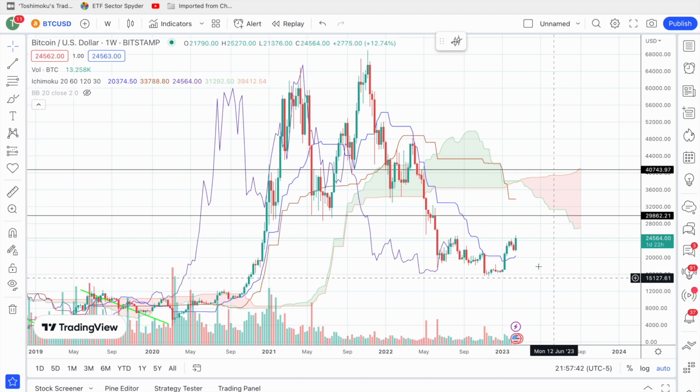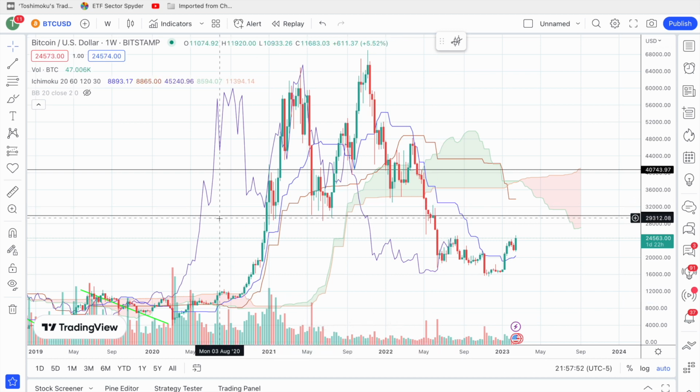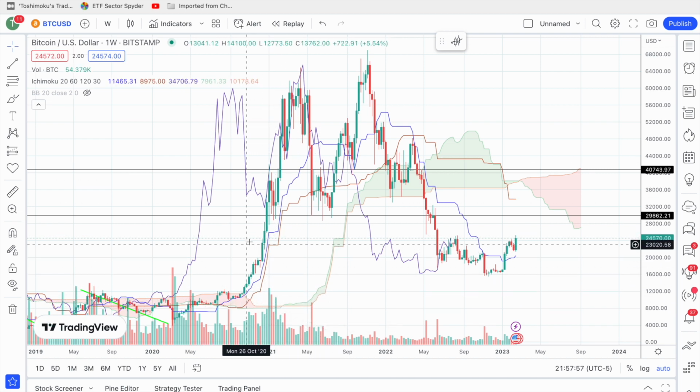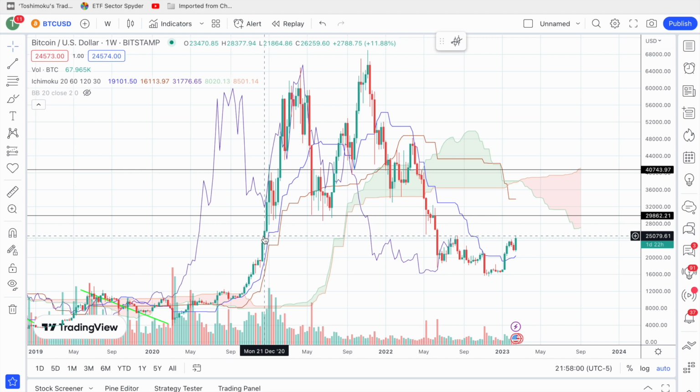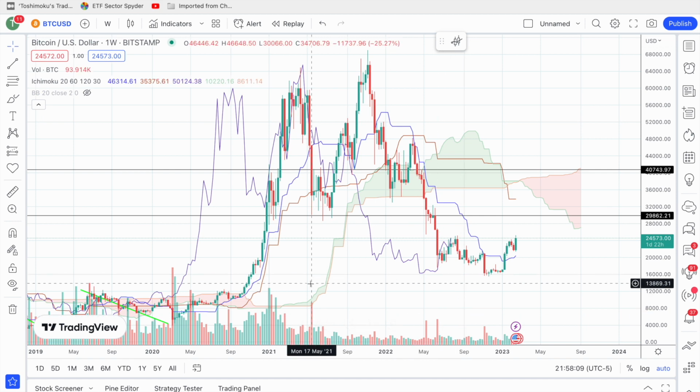But anyway, this is the weekly chart, and I think the weekly chart gives you the strongest buy signal. You might be a little bit late to the party, but you can see that during the run up over here, we flipped green probably when Bitcoin was at 25K a year or two ago. I really think that it's not going to give you a false signal or a head fake.